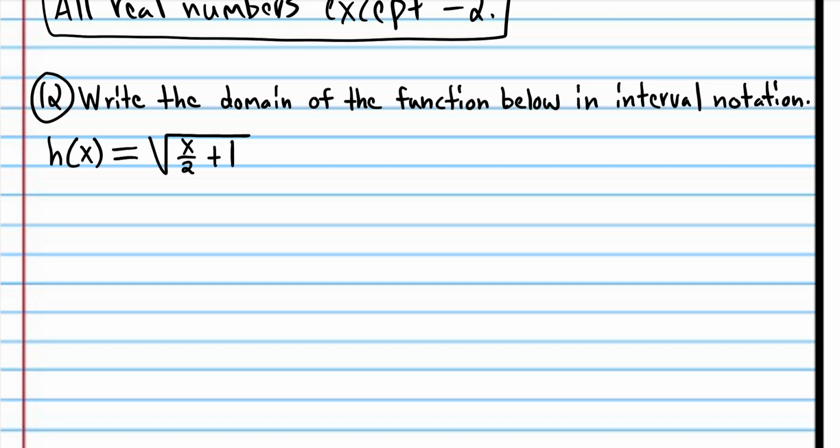All right, we're back. So remember, it's often easier to think about what the inputs cannot be. And when you have a square root, remember, the inside part of the square root cannot be negative. So that means that x over 2 plus 1 has to be greater than or equal to 0.